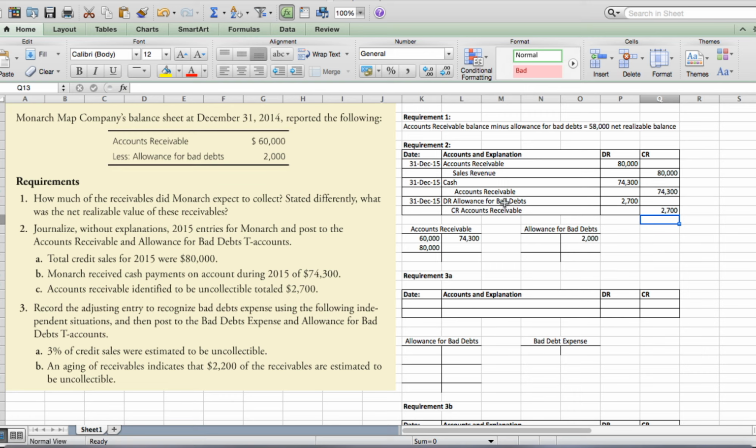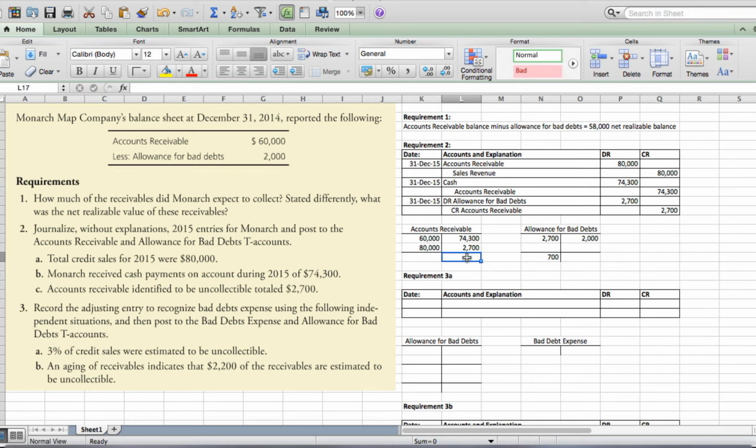So if I take this debit for allowance for bad debts, $2,700, and enter that here, that makes my total balance in this account after doing all of these now $700 on the debit side. So I just took the $2,700, subtracted $2,000, that gives me my balance right there. Okay, and then I had a credit to accounts receivable right here for $2,700, so that will go right there.